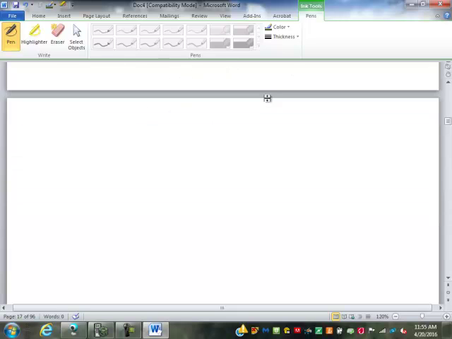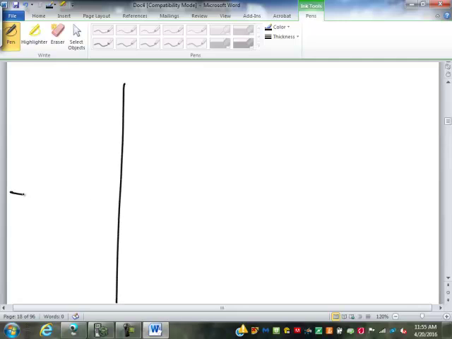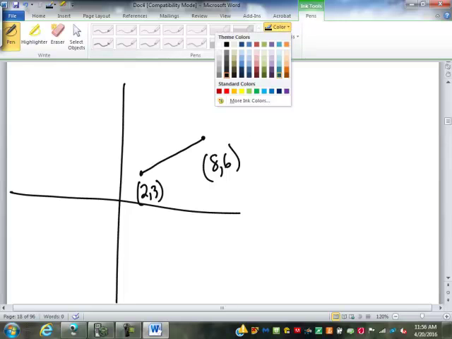For example, let's say I have the point here of 2, 3, and another point over here, we're going to call this 8, 6. We could find the slope of the line that goes through those 2 points. Now you'll notice I just drew a line segment because that's all I want to learn about right now. We could find the slope using our formula.